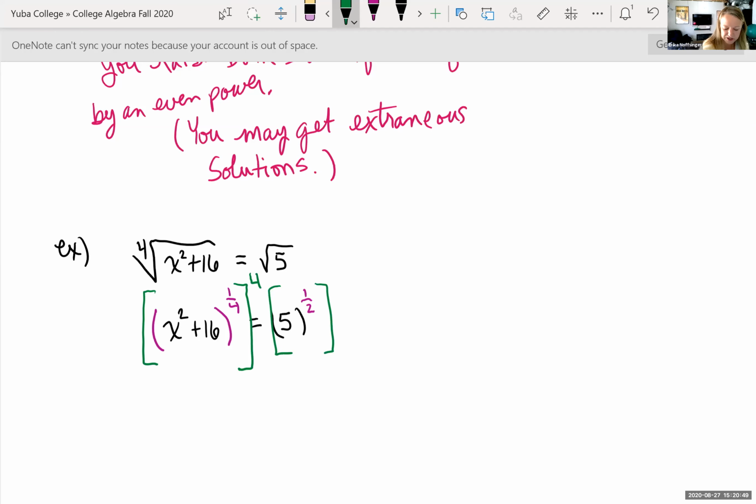So we're raising the other side to the 4th power. Okay, so 4 times 1/4 is 1. So that clears that radical, and we're just left with x squared plus 16. And this is equal to, again, power to power is multiplication. So 4 times this 1/2 gives us 2. So this would give us 5 squared.